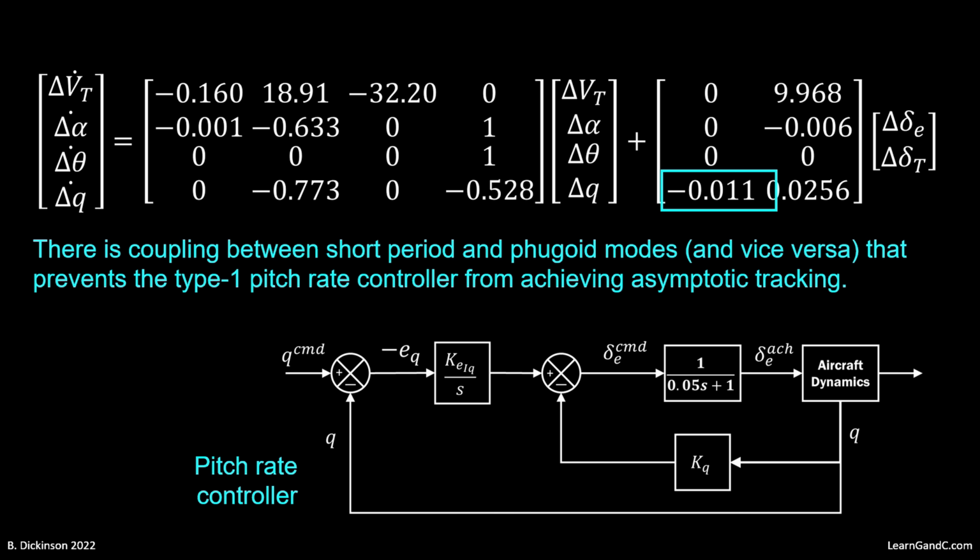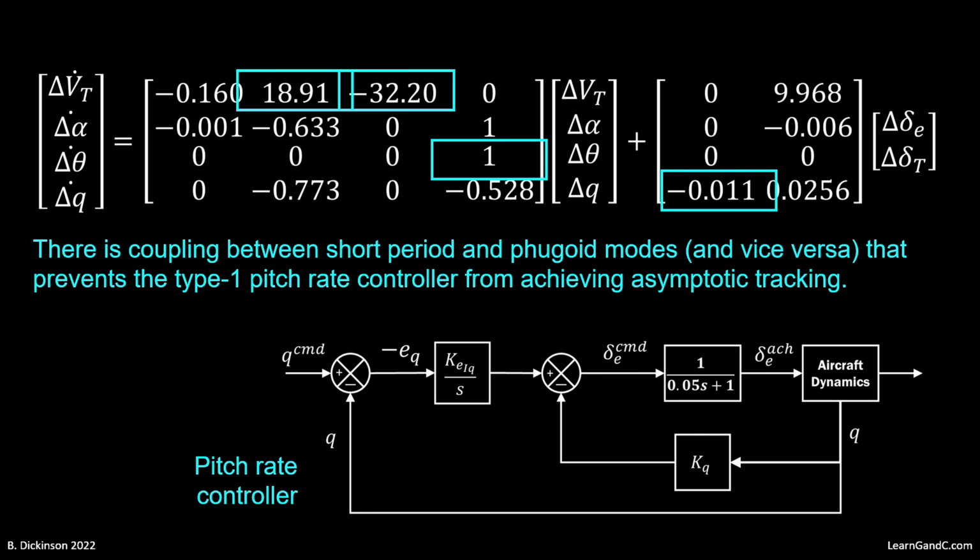But keeping with this system, note that as the elevator changes the pitch rate, it also affects theta, the pitch angle, which is associated with the phugoid. And we can see that pitch angle changes airspeed, and changes in angle of attack also change airspeed.